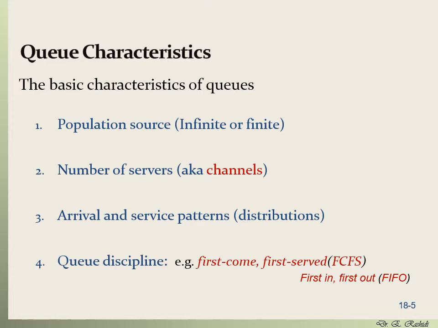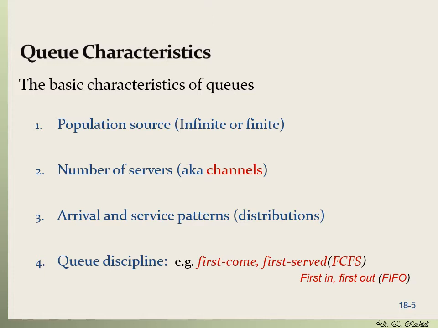The second characteristic is the number of servers, which is also known as the number of channels. How many channels or servers are in the system. The third characteristic is based on the variation in arrivals of customers and also variation in service, or the service and arrival patterns, or the distribution of this variation for these two types of variation, the arrival of customers and the service.